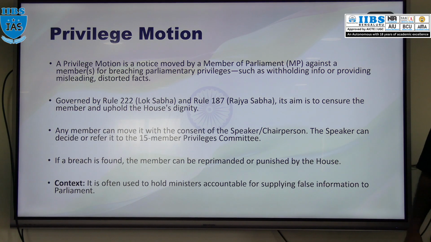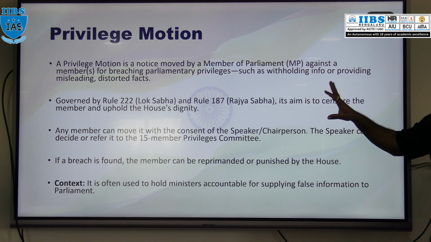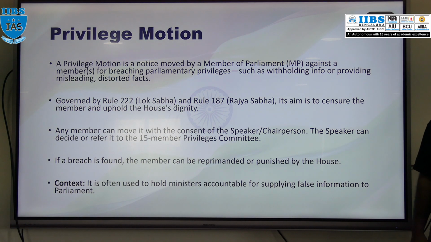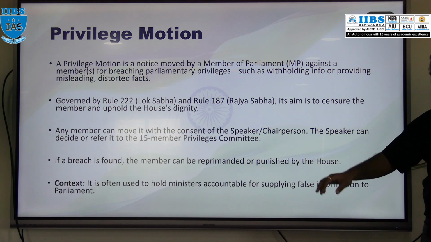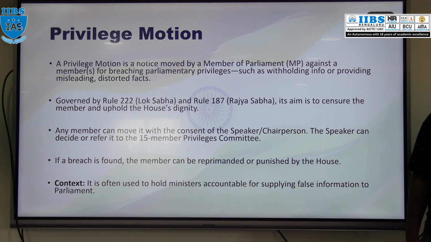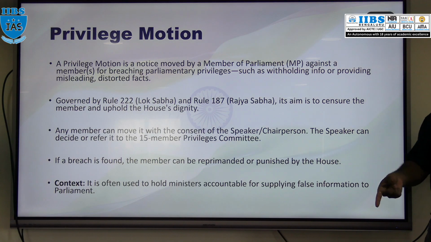Here any member can move this motion with the consent of the speaker or chairman. The presiding officer can decide whether to take up this motion or not, or refer this motion to the 15 member privilege committee in parliament.